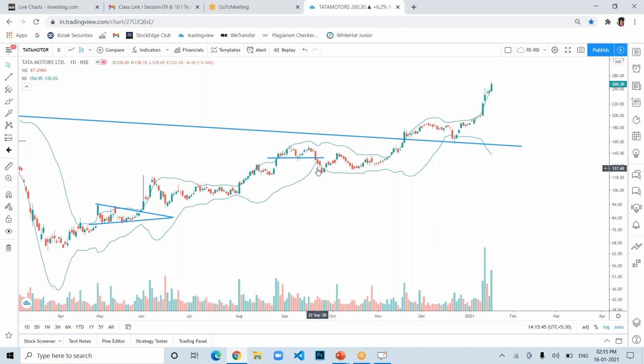Aditya, Anjali, what I am repeatedly telling you is that you have to check the relative distance. The distance between the first top and the band, and the distance between the second top and the band. The second top's distance from the band should be higher than the distance between the first top and the band. Is everybody clear on this?